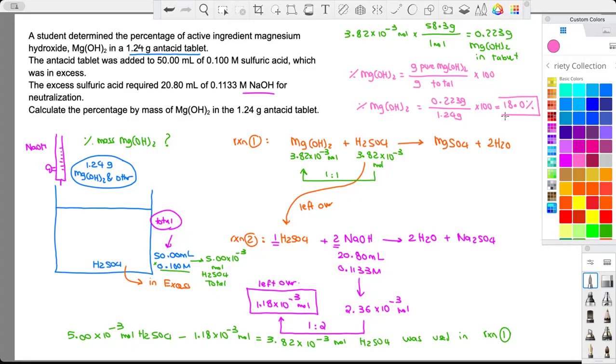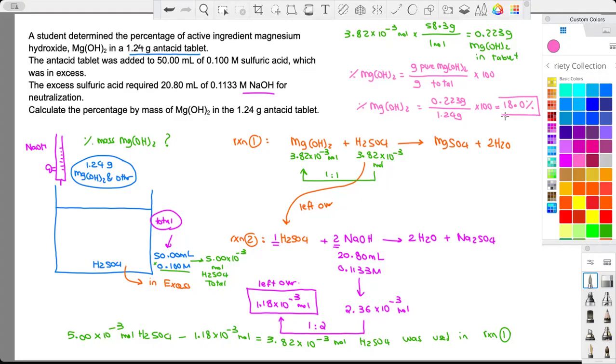So again, keep in mind, for a back titration question, there's 2 reactions taking place. In the first reaction, definitely your acid in this case is going to be in excess and it will have some leftovers. So later, with the help of a titration afterwards, which is with NaOH, you're basically finding out how much H2SO4 was left over.